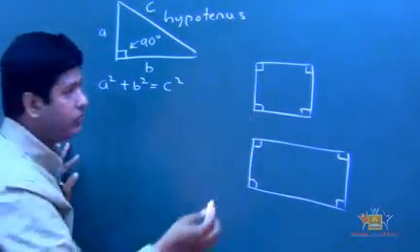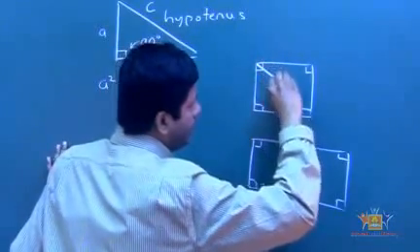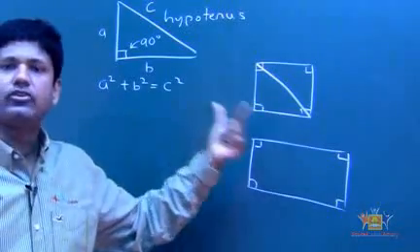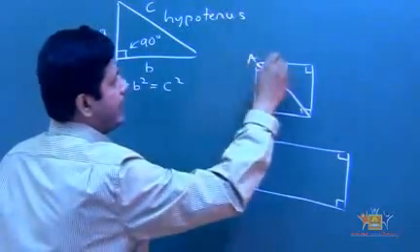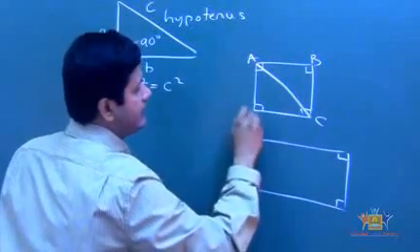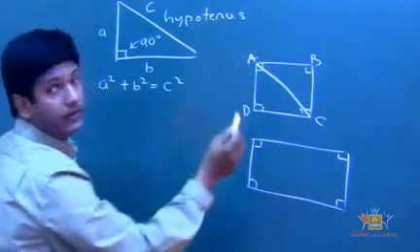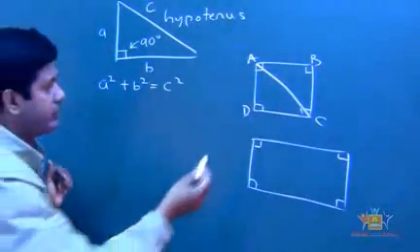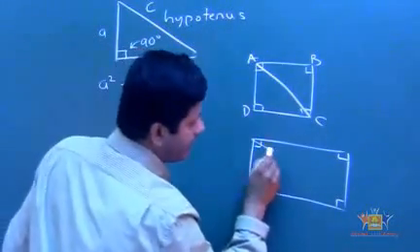Now, if Mr. Mac draws a diagonal line from that corner to this one, that makes a right angle triangle. If the square is ABCD, then ACD is a right angle triangle, and ABC is a right angle triangle, because right there, see that? The same thing with the rectangle.